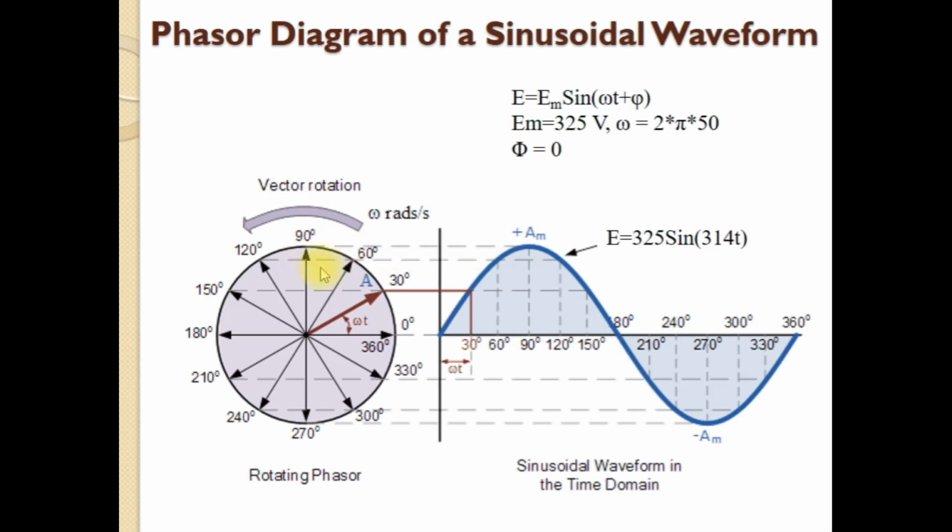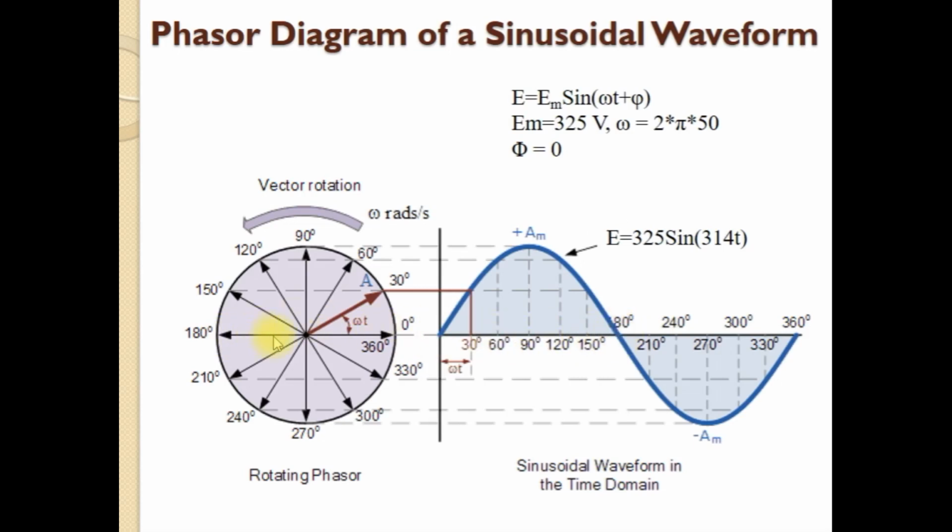So the tip will be tracing the variation of this sinusoidal waveform. When it has moved to 120, 150, 180 degrees, say when it has reached 180 degrees, the position of the vector will be like this, and the projection on the vertical axis is equal to 0. That means corresponding to this point, you have this point on the sinusoidal waveform.